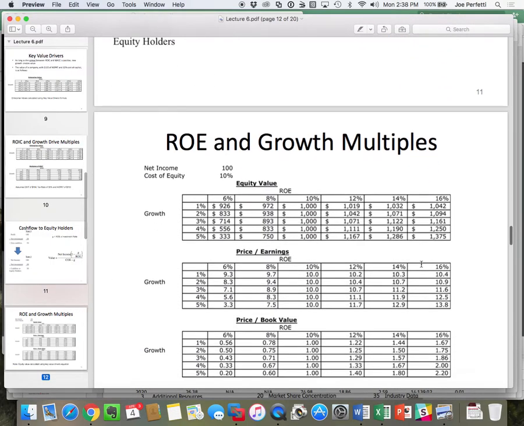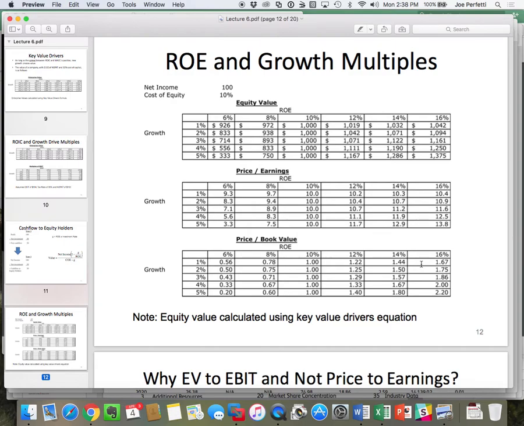So, on the next slide, running the key value drivers formula with $100 of income, 10% cost of equity, growth in EPS, and expectation for ROE, here are the values. Those divided by 100, here are my PE multiples. So the same thing applies. What's the difference between a company with a PE of 11 and a company with a PE of 9?